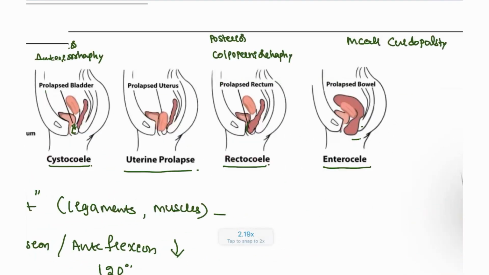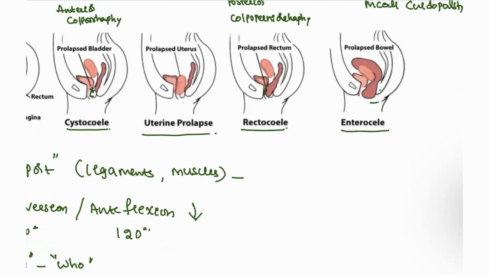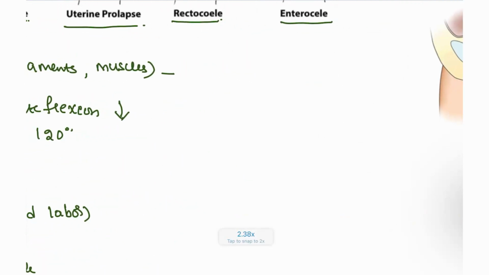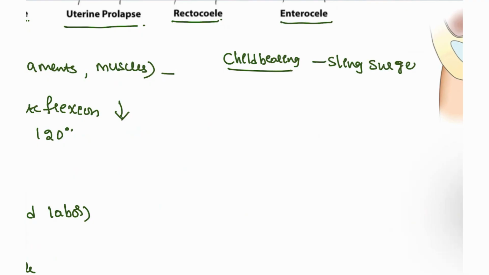Then what is the treatment for uterine prolapse? For patients with uterine prolapse, it depends on the age. For example, if they are of childbearing age, for this patient we are going to proceed with sling surgery, also called Shirodkar.